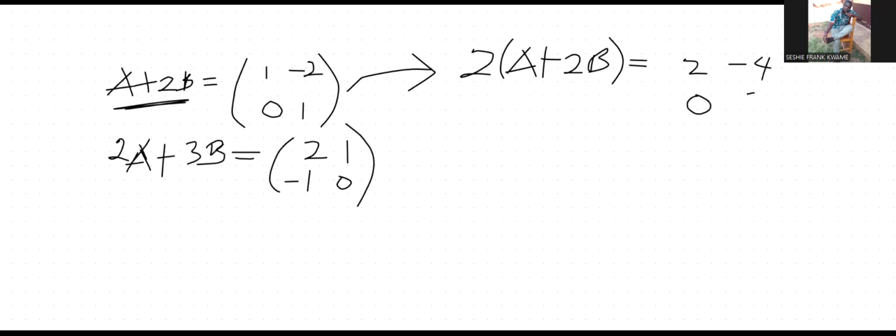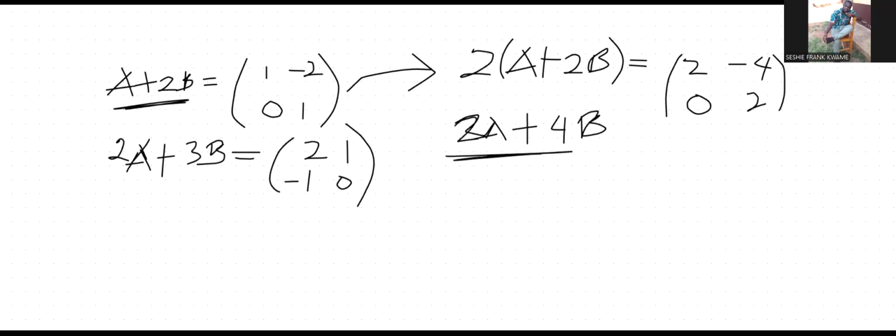But don't forget, this becomes 2A plus 4B if I expand. And look at 2A plus 4B, 2A plus 3B. If I subtract this one from this, what will I get? I'm going to get 2A plus 4B minus 2A plus 3B.